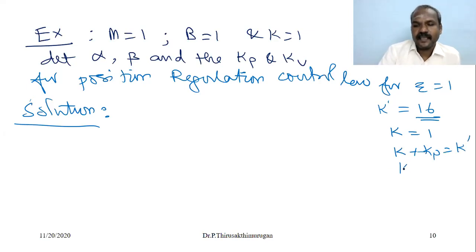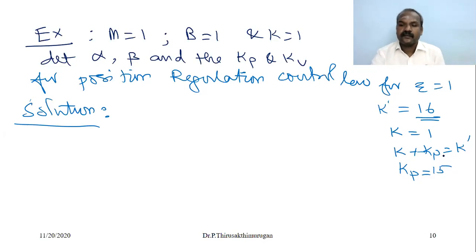So what is Kp? K dash is 16, K is 1. 16 minus 1, Kp is 15. Right?